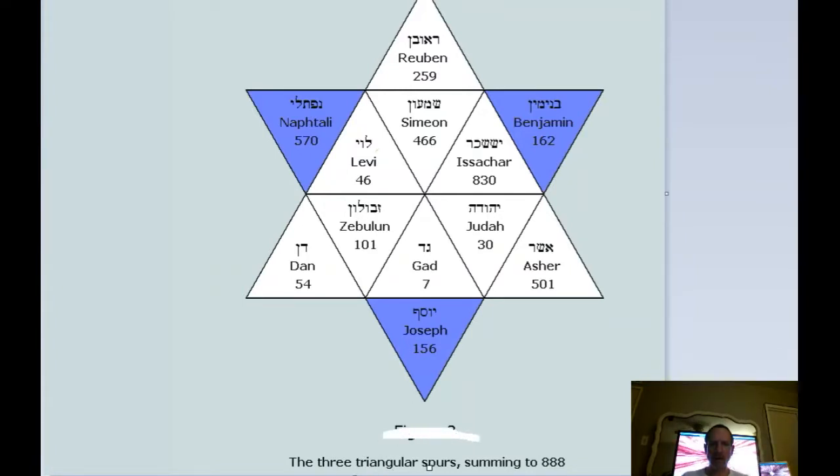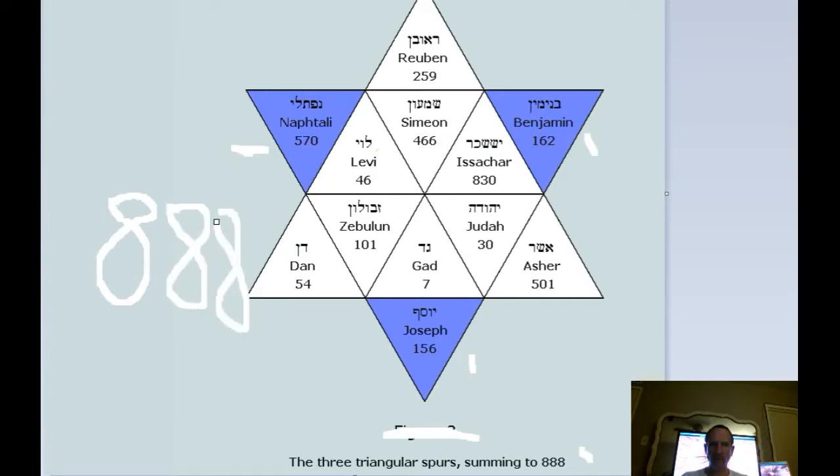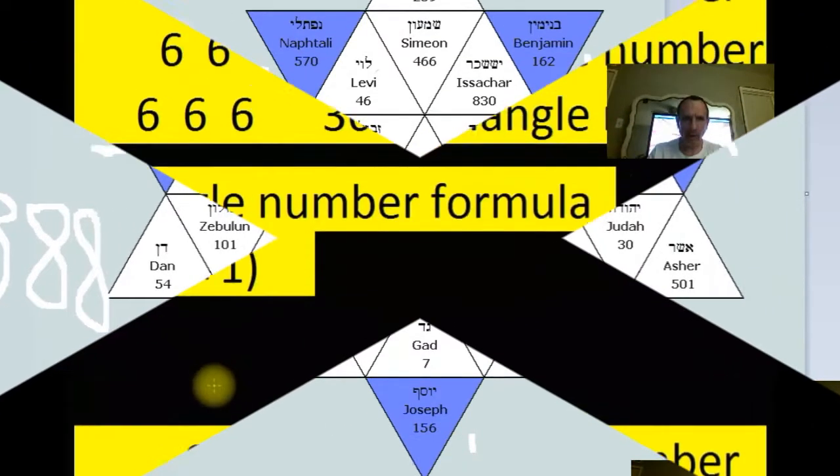The three triangular spurs summing to 888, 156 plus 162 plus 570 equals 888, in its Hebrew gematria sum total.